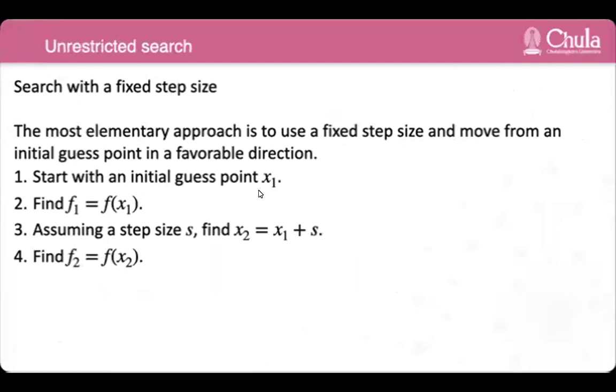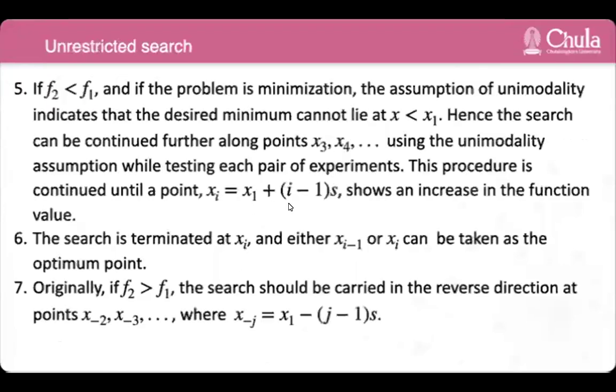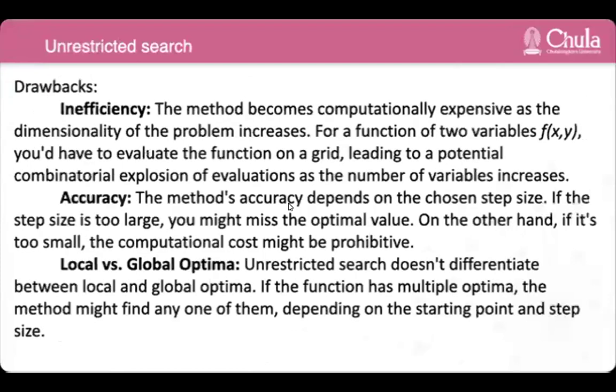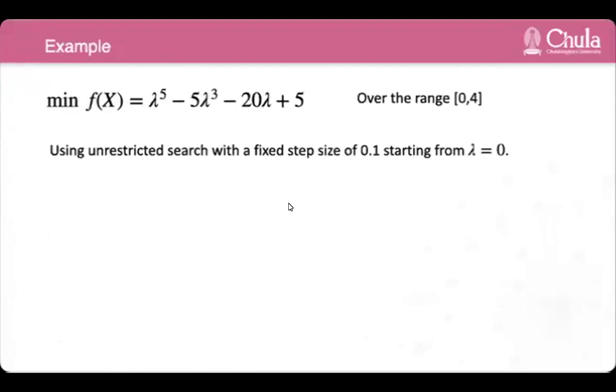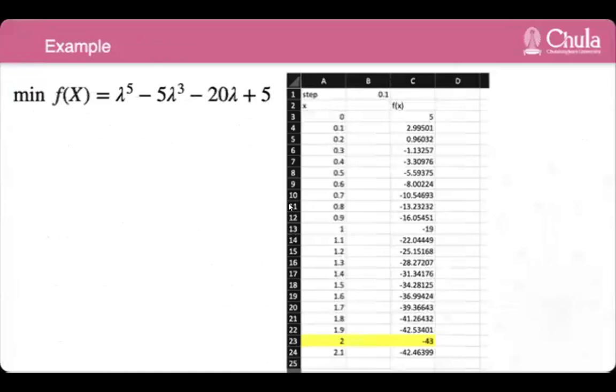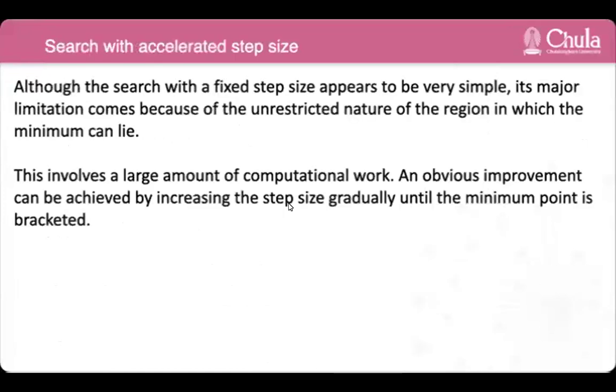So we have several algorithms. The first one is a heuristic search, a kind of search with a fixed step size. And I showed you in the example. Also, we can modify the algorithm. This one is search with accelerated step size.